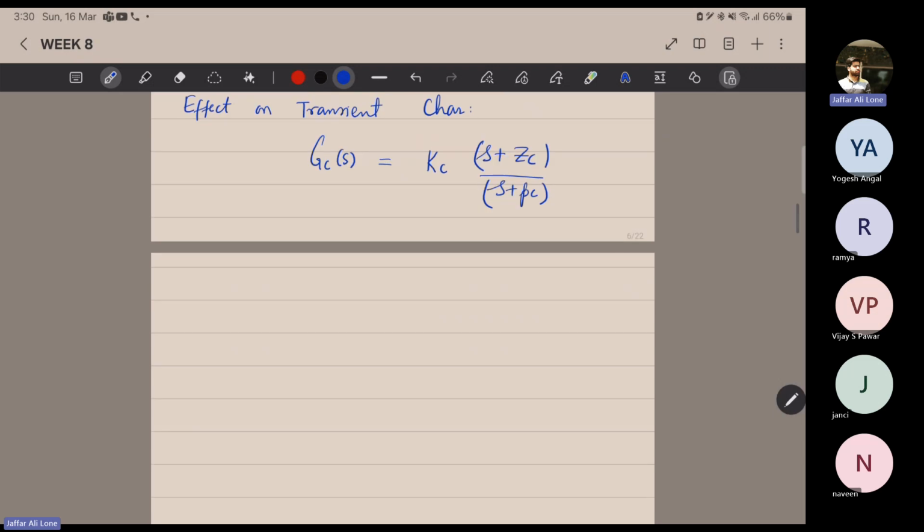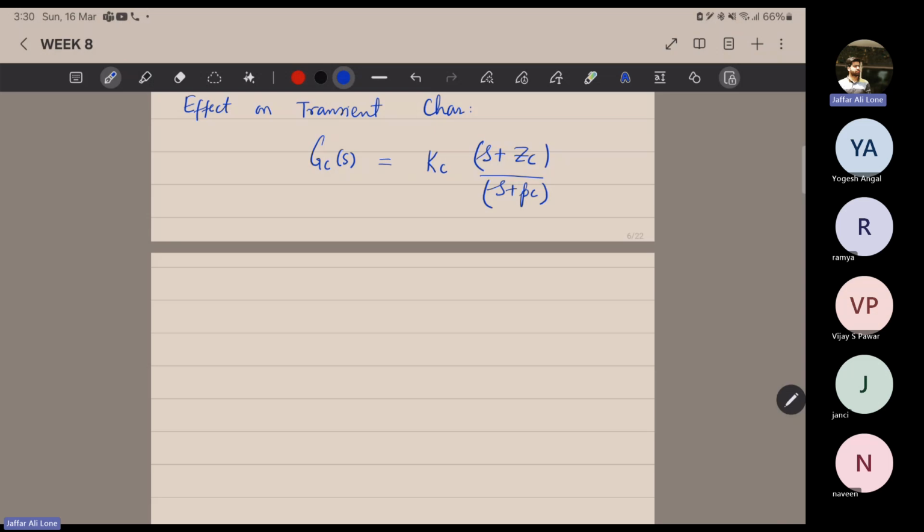Now if we want that the transient characteristics are not impacted, then we should place these poles and zeros close to each other. Because if we add zeros and poles to a transfer function, zeros give a positive angle contribution. Similarly, poles give a negative angle contribution.